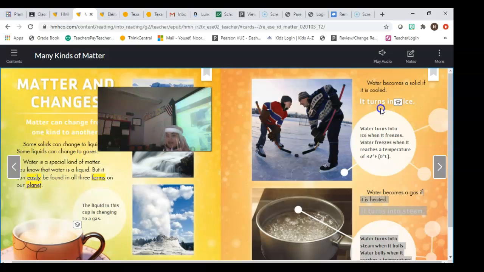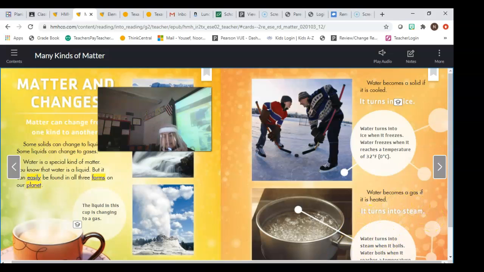Okay, and that information is important, right? So he basically wrote the main idea at the top and then wrote details here. So the main idea is it turns into ice, and then it tells you in black how water turns into ice. Water turns into ice when it freezes, and then it tells you more information about that. Here the main idea for this bubble is it turns into steam.